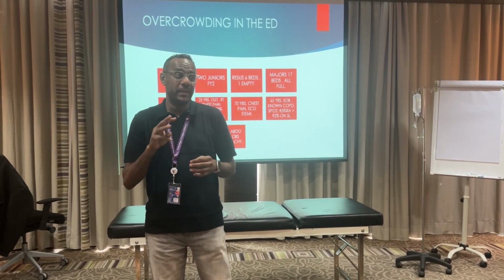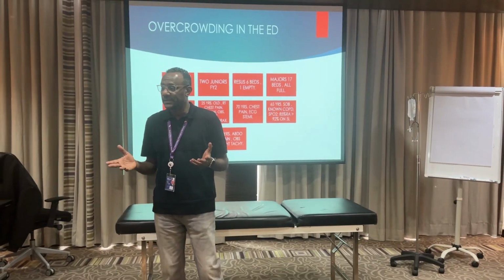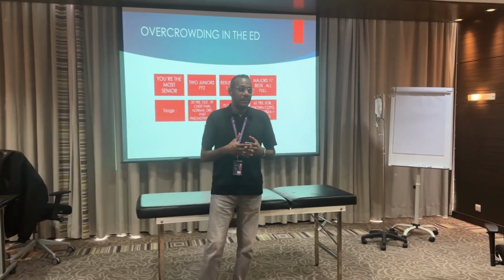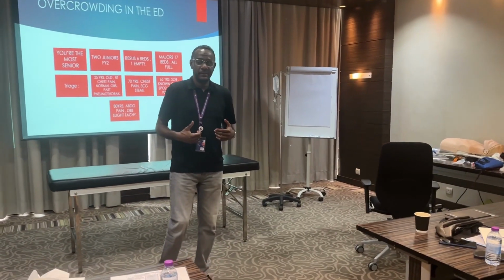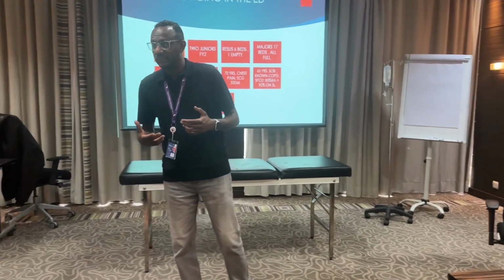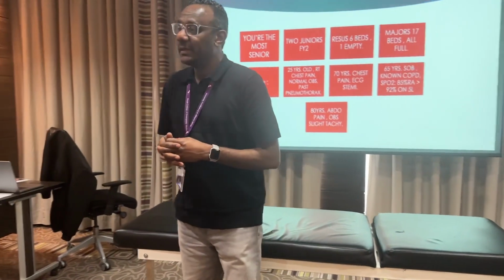So let's say those are the patients, okay? So you need to identify the concerns about the patients. For example, the gentleman who is 85-year-old with abdominal pain, that could be abdominal aortic aneurysm, could be bowel ischemia, you don't know.